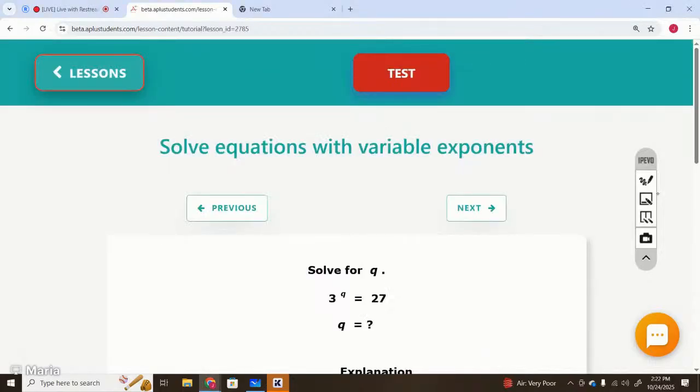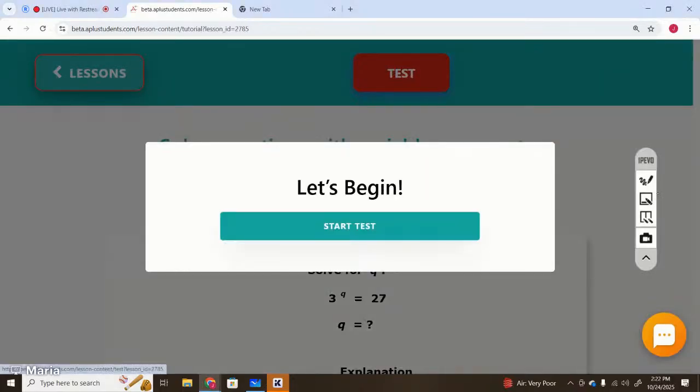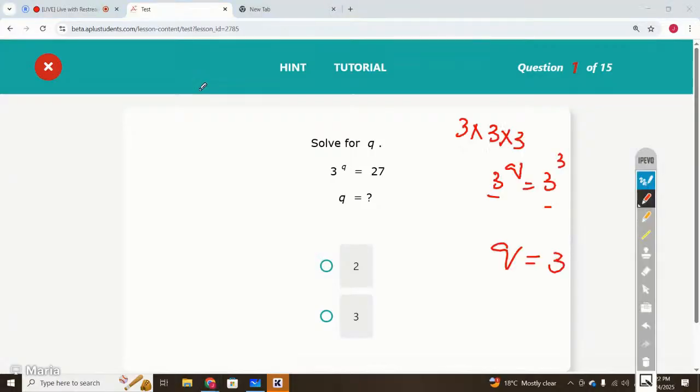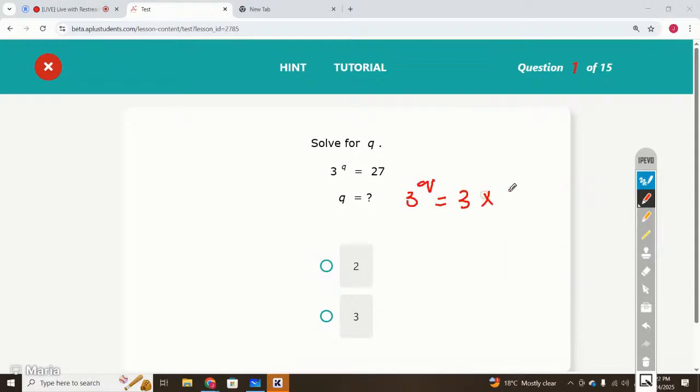Let's just start with the test question. Solve for q. 3 exponent q equals 27. So we can write 27 as 3 times 3 times 3, right?